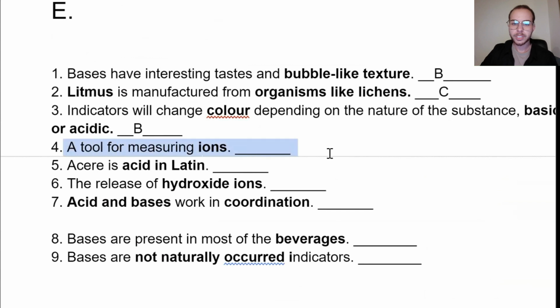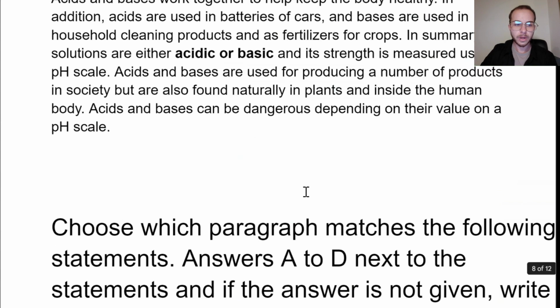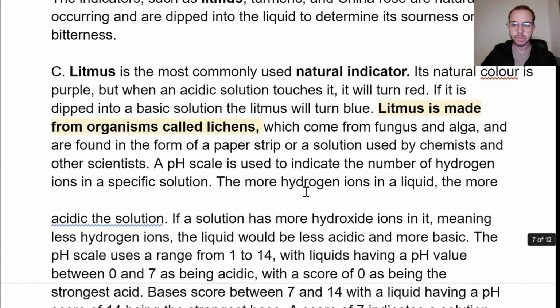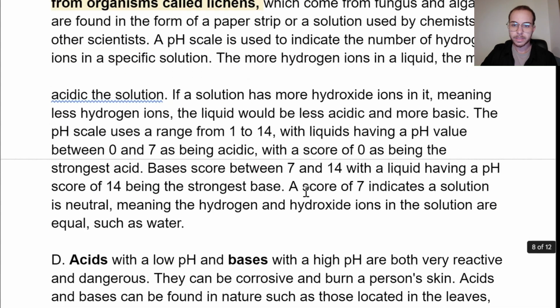A tool for measuring ions. Where did we talk about a tool for measuring ions? I don't think I highlighted anything. However, it does talk about hydroxide ions here. Do they talk about a tool? pH scale, it's kind of a tool.